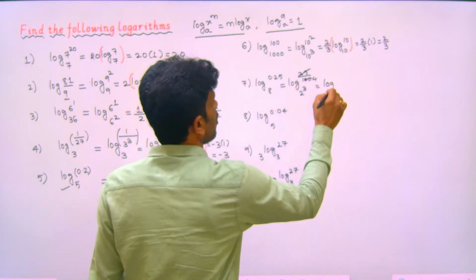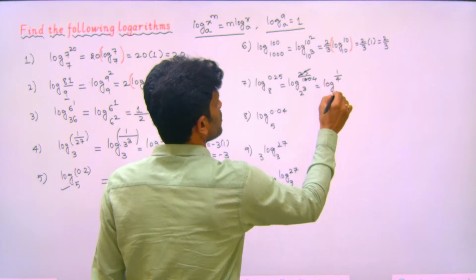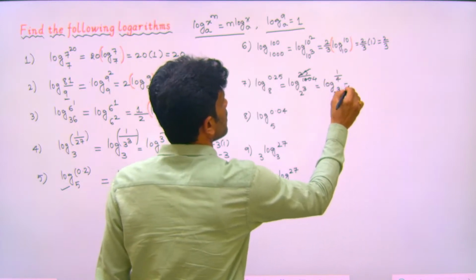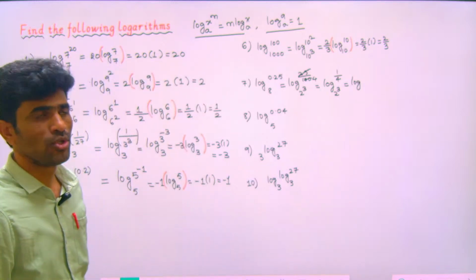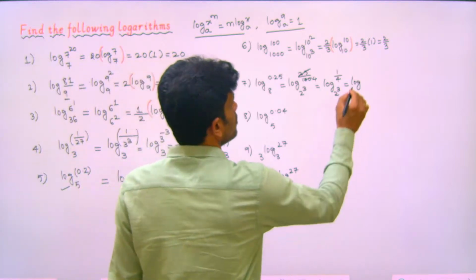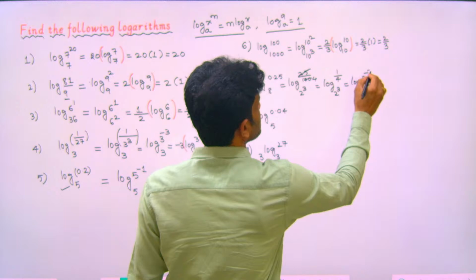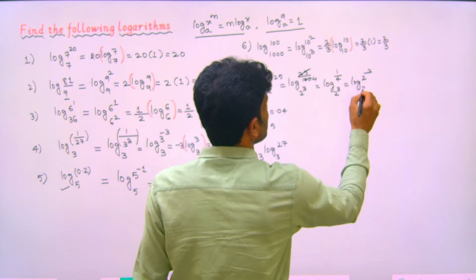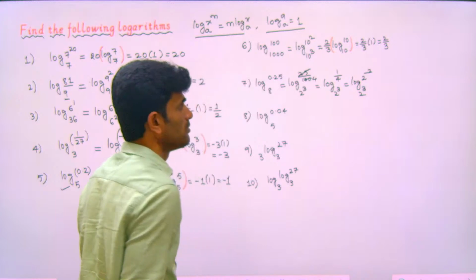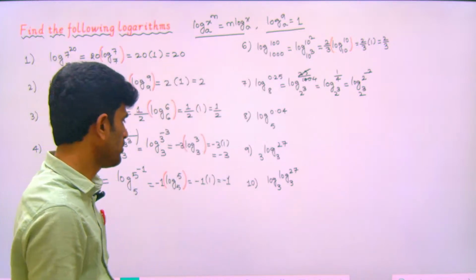So we can write it as log 1 by 4 to the base 2 power 3. 1 by 4 is 2 power minus 2, so log 2 power minus 2 to the base 2 power 3.